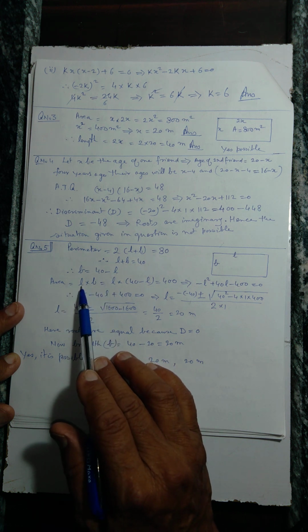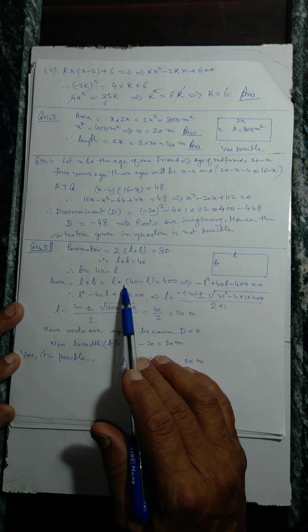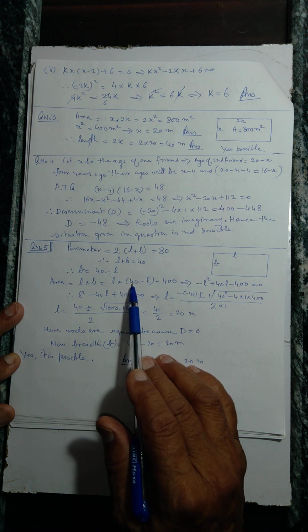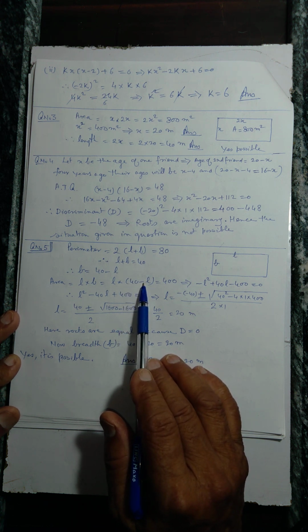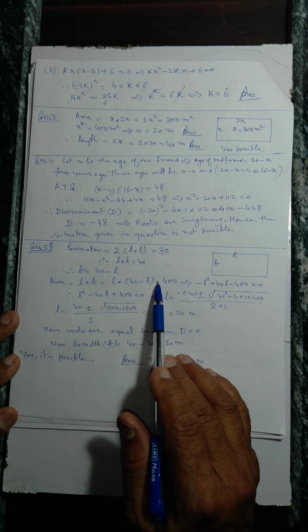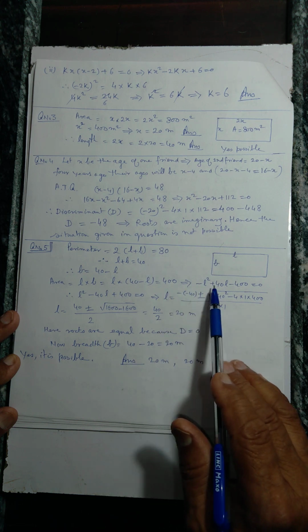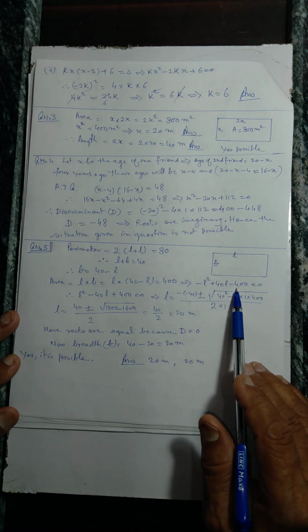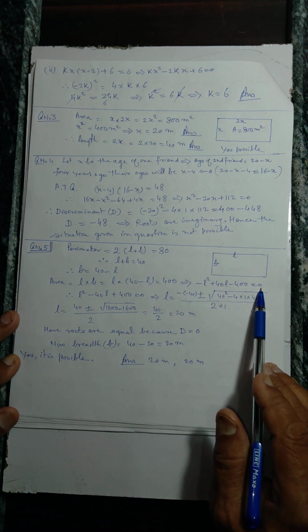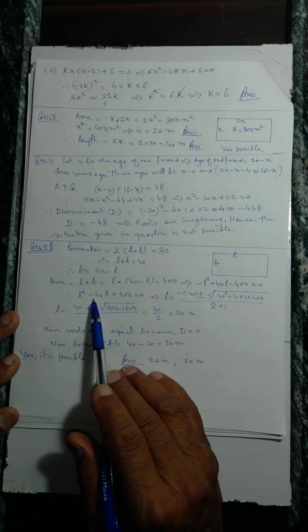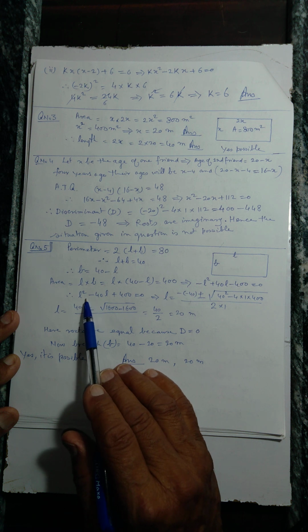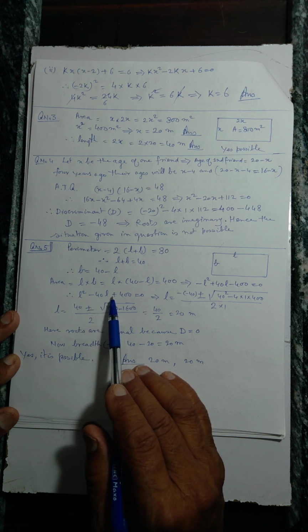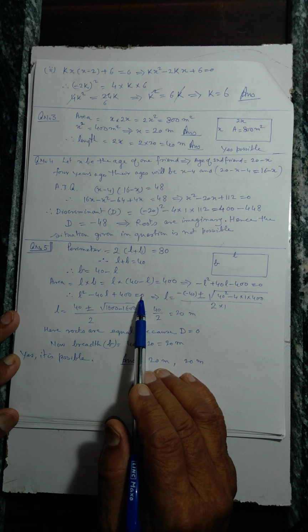The area will be equal to L into B. So in place of B I have written 40 minus L. So L into 40 minus L is equal to 400. So just multiplying it, you get minus L square plus 40L minus 400 equal to 0. So L square minus 40L plus 400 is equal to 0.